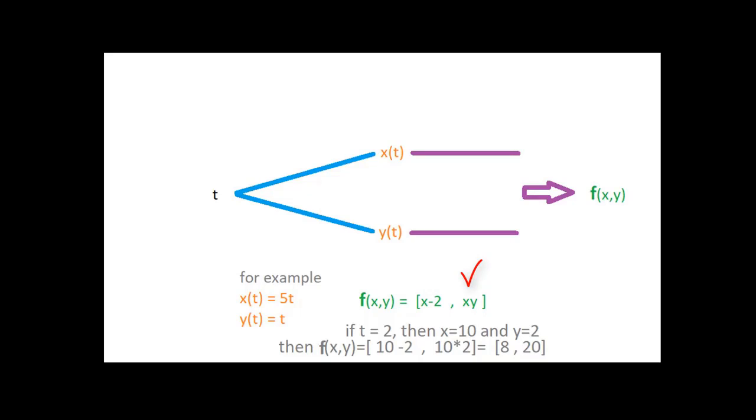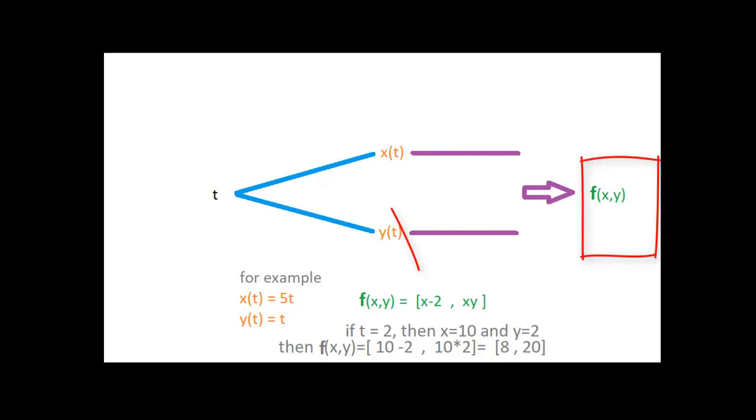We just said that after we put t equals 2, x became 10 and y became 2, and then we calculate from here what the output is. So x is 10, minus 2, we get 8, and 10 times 2, we get 20. So when t is equal to 2, we get values for this because x and y are both functions of t, and then f depends on x and y.